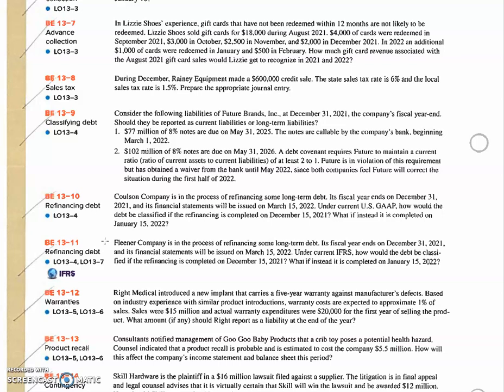Well, that's before year end, so it would be classified as long-term. If instead it's completed on January 15th, 2022, in that case, it would have to be classified as current.